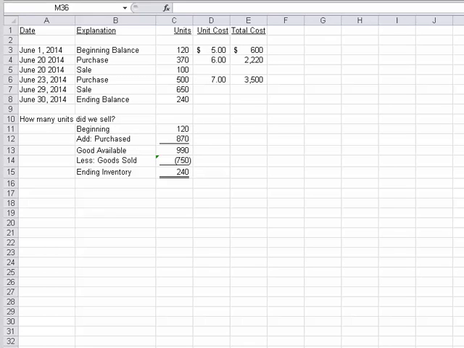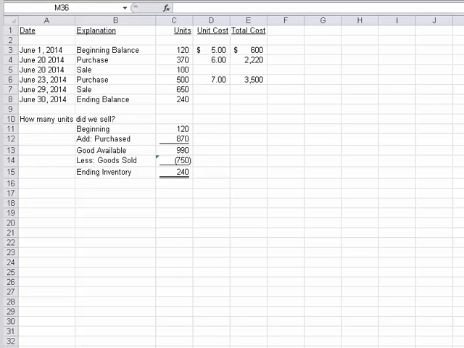Okay, so now we have the quantity of goods sold. We know what that is, 750, and we know ending inventory. And what we need to calculate, whether we're using FIFO, LIFO, or average cost, is two things. We need to know the value of ending inventory, and we need to know the value of cost of goods sold.